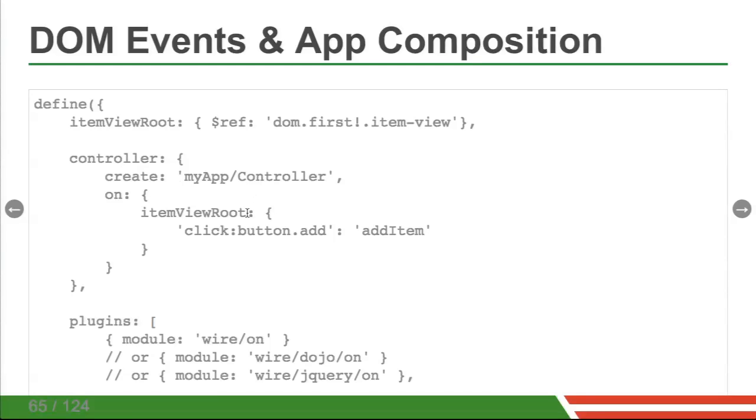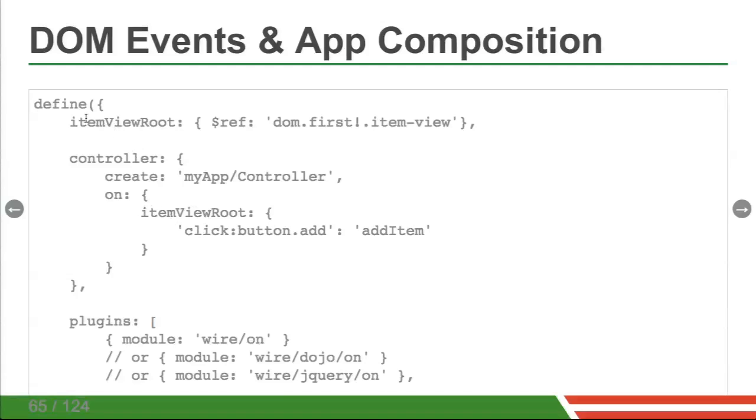Creating an instance of our controller. And then this on keyword that we saw in the Monty Hall app quickly. And this thing that kind of looks like it's attaching a click event. And in fact, it is. And we're using one of the various Wire on plugins here. Again, we have jQuery and Dojo variants of that.